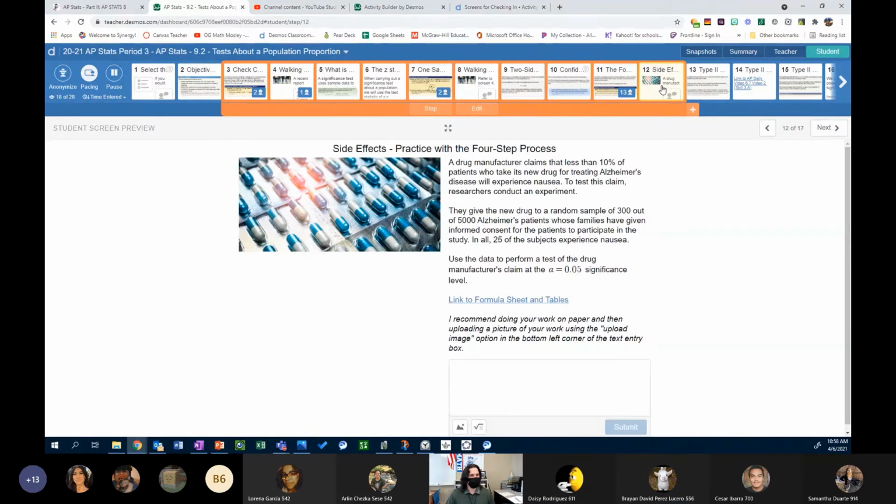So first, we're going to look at screen 12. This is a 4-step process practice problem having to do with population proportions and performing a test. A drug manufacturer claims that less than 10% of patients who take its new drug for treating Alzheimer's disease will experience nausea. To test this claim, researchers conduct an experiment.